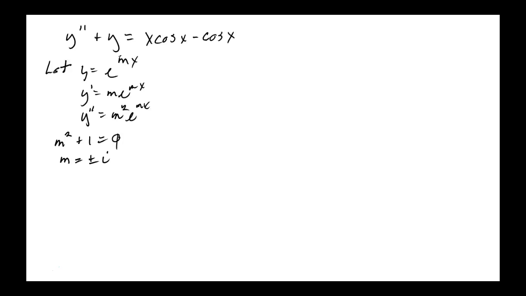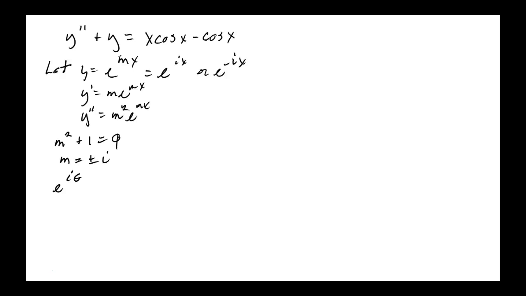Now, when you have that as a solution, remember, here's Euler's formula just for your memory, e to the i theta. And by the way, this is why I went back and did this, this would produce e to the ix or e to the minus ix.